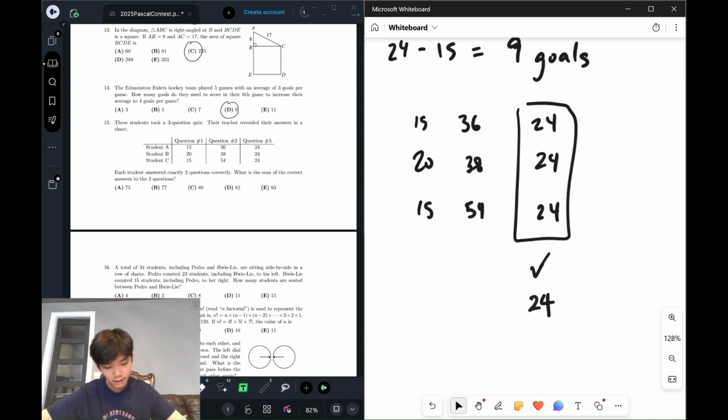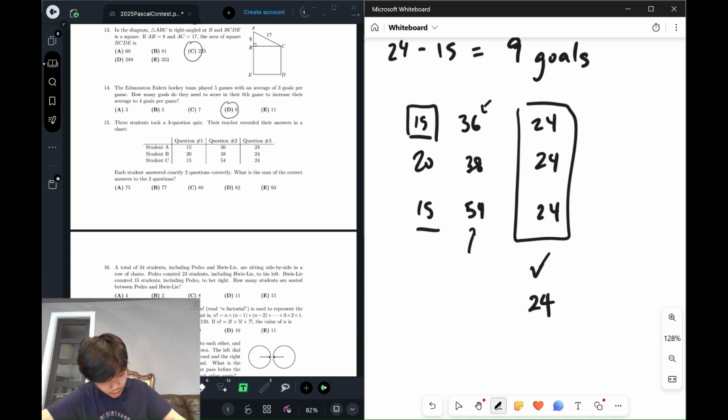Now let's look at the first 2 questions. We note that 15 is shared between the first and third student. So if 15 is the wrong answer, then the first and third students would both have to get 2 questions correct, which would have to be this one and this one. But since those answers are different, that's not possible.